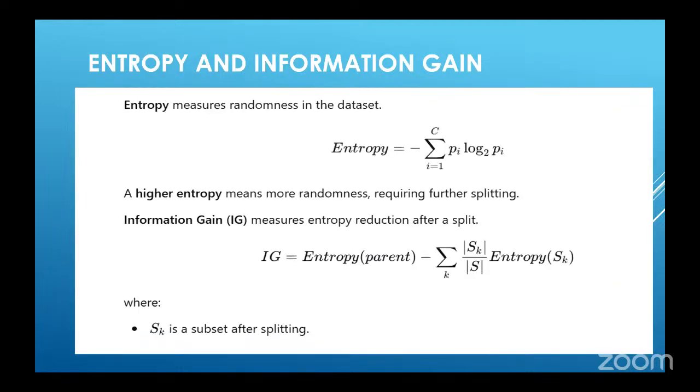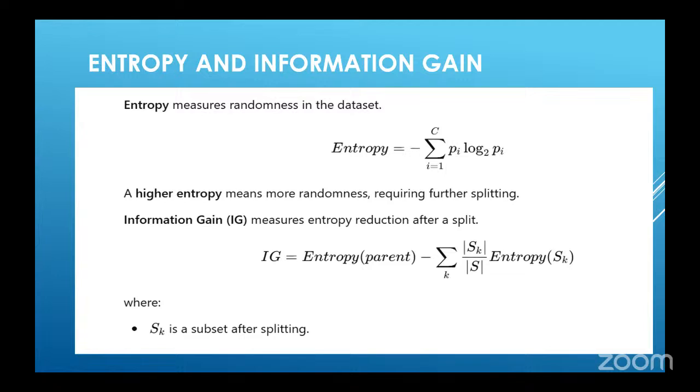What is the value of Gini impurity? 0.5 means it is negligible, a very low value. So we can tell that the classification done is up to the mark.